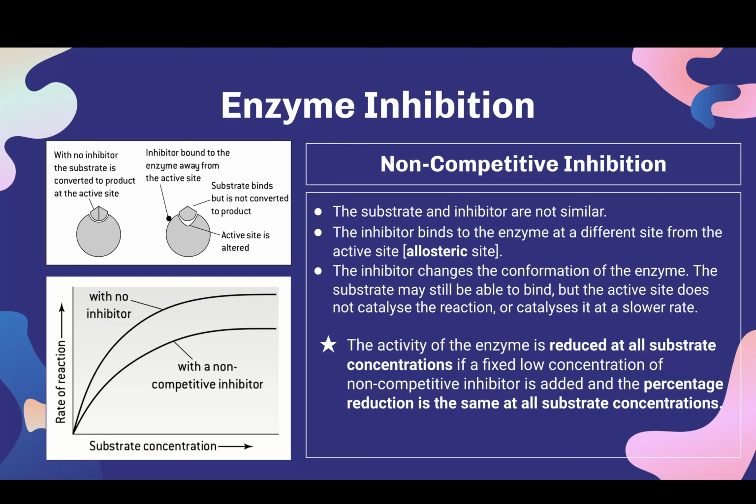Do you have examples? For competitive I don't have specific examples, but the best example I can give you for non-competitive is usually heavy metals. A lot of heavy metals like zinc, or any transition metal actually, will work as a non-competitive inhibitor usually.